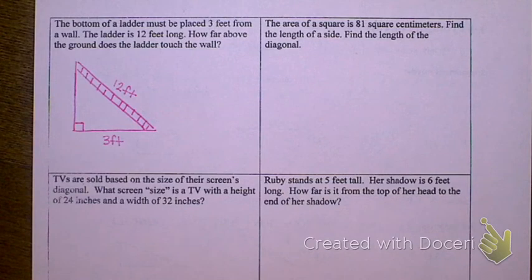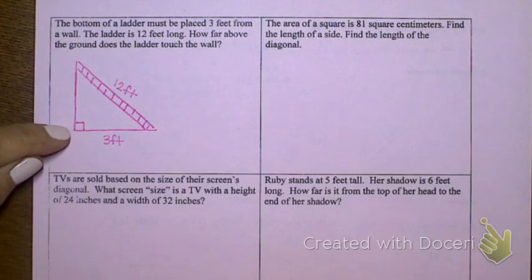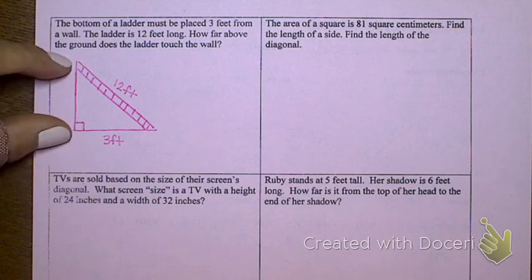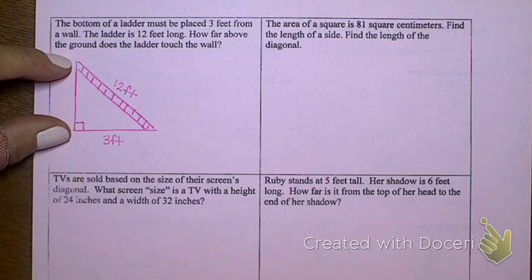Okay, and then the question says, how far above the ground does the ladder touch the wall? So here's the ground. It wants to know how far above. So it wants to know that distance. So let's call that one of our variables. Okay, should that variable be an A or a B or a C? A or B, right?